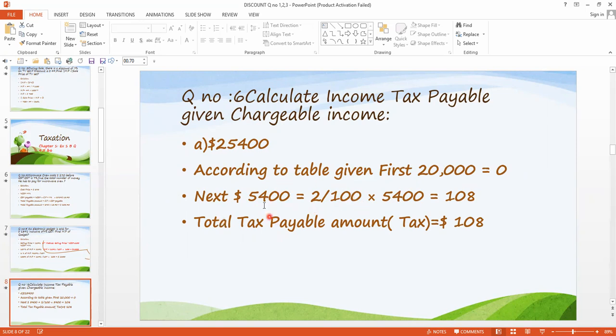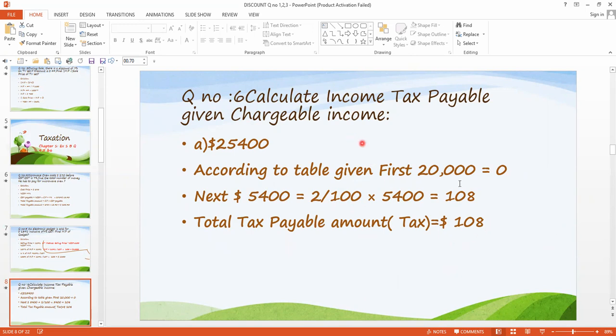For this the tax rate is 2%. 2% means 2 by 100, so we multiply 2 by 100 with this amount, 5,400. We multiply 2% with this because the first $20,000 is tax-free. So it is equal to 108. So the total tax payable is $108.